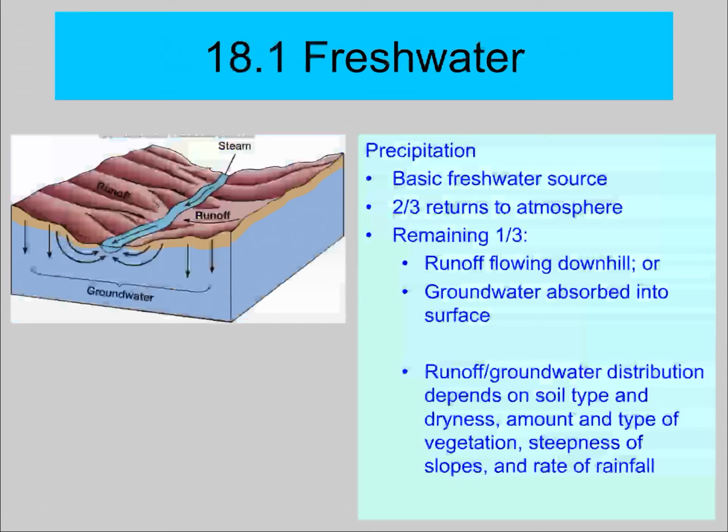So precipitation is our basic freshwater source. Two-thirds of the precipitation that falls evaporates back to the atmosphere, leaving us with one-third that will then run off downhill or be absorbed as groundwater below the surface. So runoff or groundwater distribution, meaning how much runs off and how much is absorbed, depends on the soil type, the dryness of the area, amount and type of vegetation, the steepness of the slopes, and the rate of rainfall.